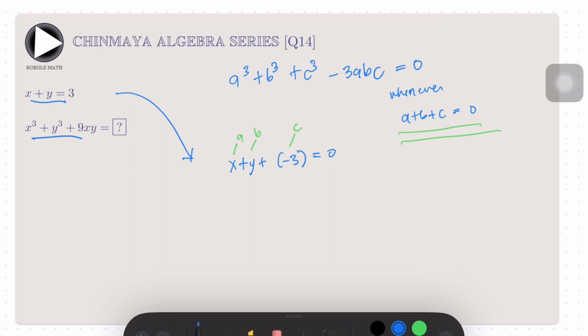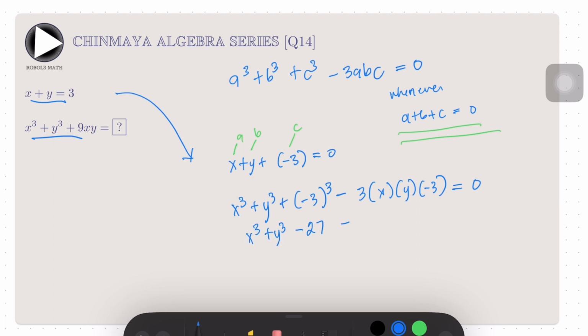So given this identity, we note that x cubed plus y cubed plus negative 3 cubed minus 3 times x times y times negative 3 must be equal to 0. Now simplify this, we get x cubed plus y cubed minus 27 plus 9xy is equal to 0.